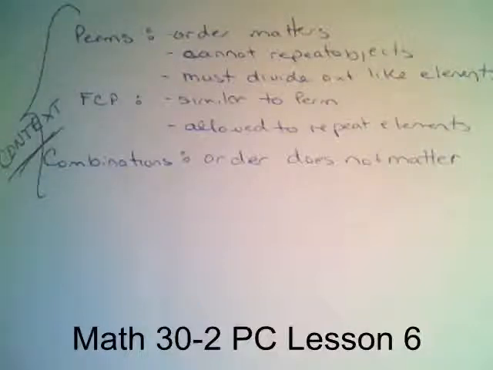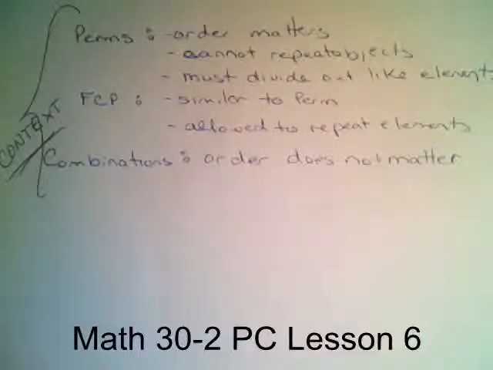Okay, license plates, it matters because it's got to be in a particular order. If your license plate is ABC123, BAC231 has the same characters, but it's a different license plate. So the order matters. Those are all permutations or fundamental counting principle. The only difference between the two is that with one you're allowed to repeat elements, and with the other you're not allowed to repeat elements.